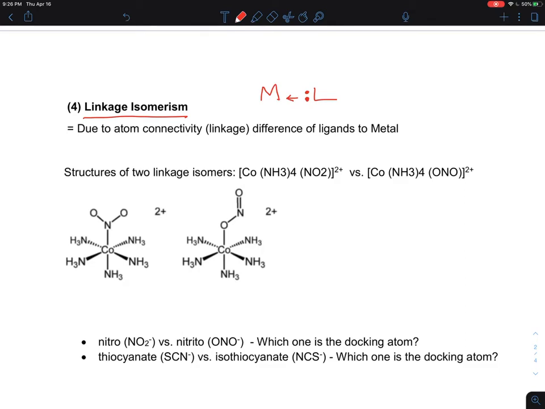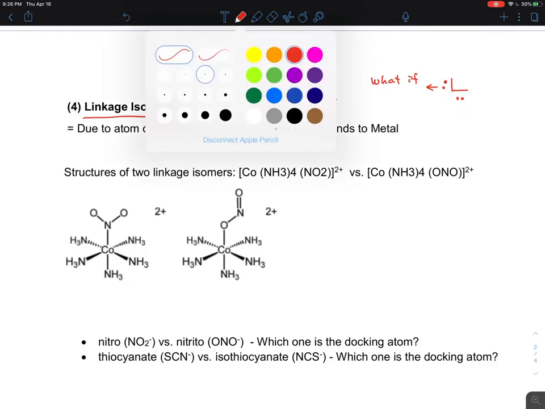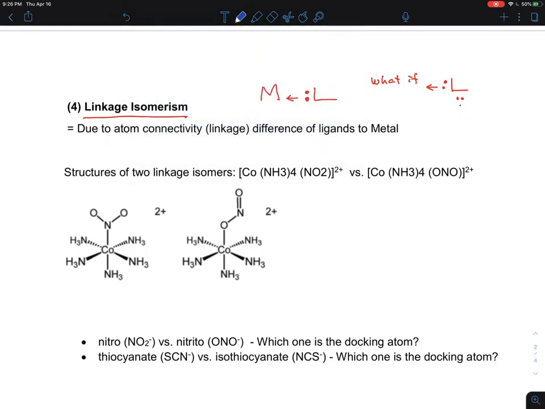But what if your ligand has an electron here, and let's say a lone pair on the other side, and depending on whether this electron is making a coordination to the center metal, or the other electron is making a coordination, there will be what is called a linkage isomer in a metal, right?